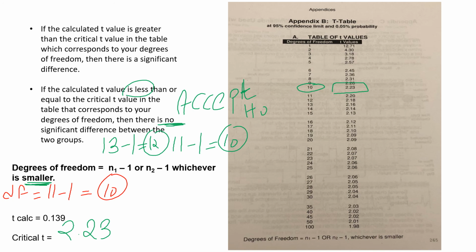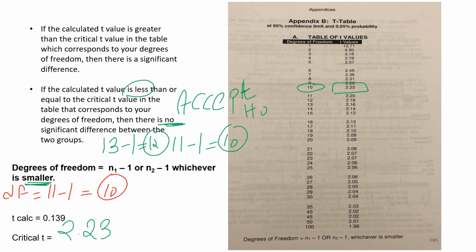And what does that mean? It means that the difference that you saw between those two different groups, the difference in the means of 70.9 and 70.4, even though there is a difference between the two means, it's not really a significant difference. And so that's how, whenever you want to figure out whether you have a significant difference or not between two groups, you would calculate your t-values.